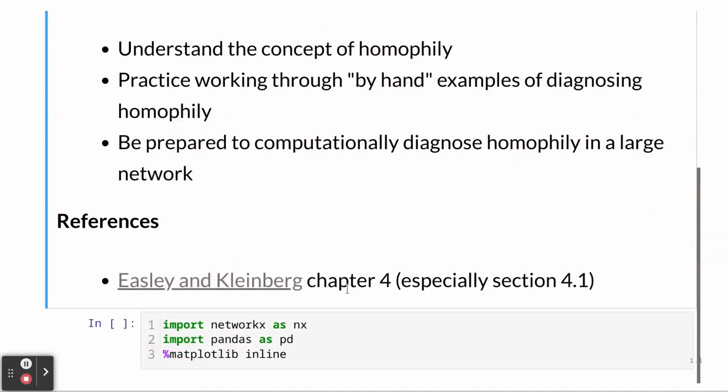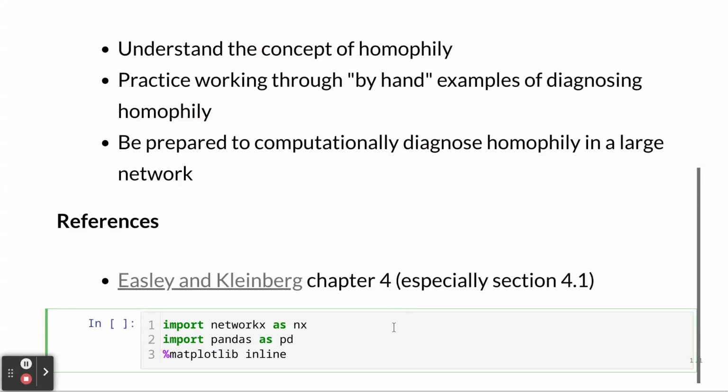The key reference for the content today will be chapter 4 of the Easley and Kleinberg text, which again you can find for yourself by following the link here. The key packages we will use for our work today include NetworkX, which we import here using the canonical alias nx, as well as our old friend pandas. We'll also instruct matplotlib to put the figures directly in the notebook.